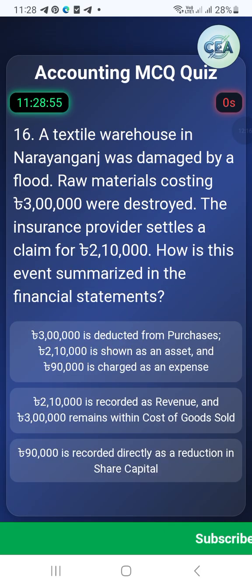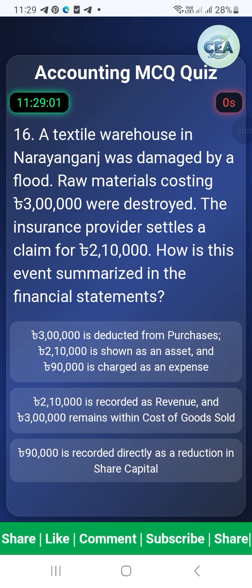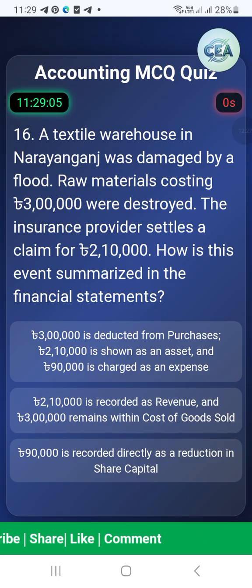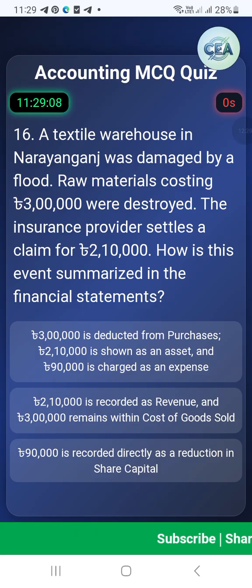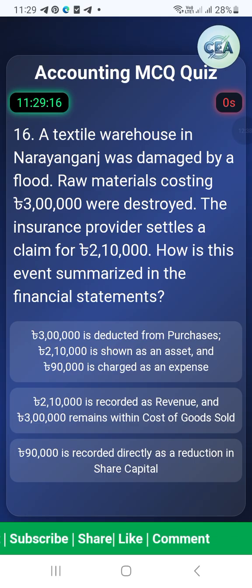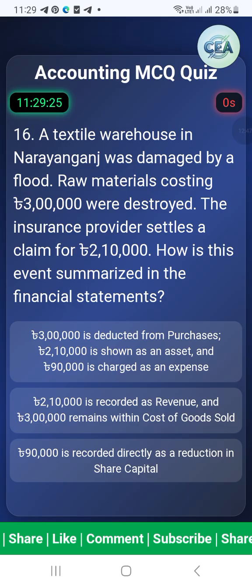16. A textile warehouse in Narayanganj was damaged by a flood. Raw materials costing 300,000 takas were destroyed. The insurance provider settles a claim for 210,000 takas. How is this event summarized in the financial statements? Option 1. 300,000 takas is deducted from purchases, 210,000 takas is shown as an asset, and 90,000 takas is charged as an expense.